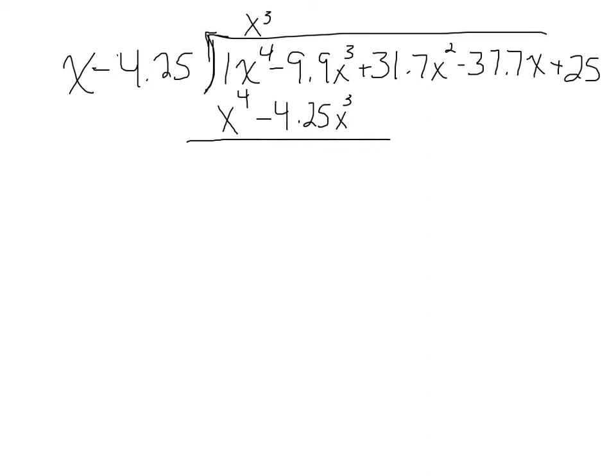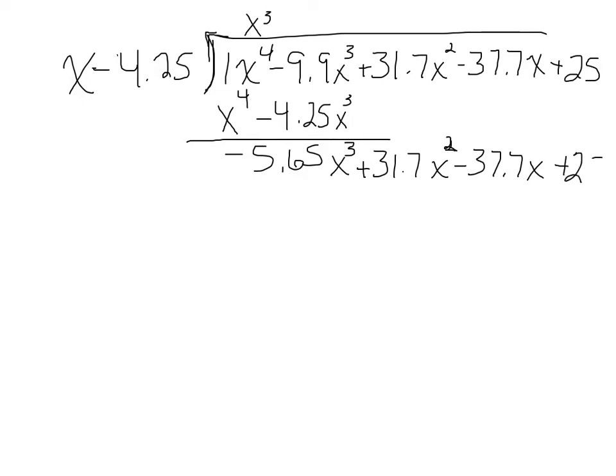Negative 9.9 minus a negative 4 1/4 is a negative 5.65 x to the 3rd power. Bring everything else down, since they're being subtracted by 0. 31.7 minus 0. Negative 37.7 minus 0. 25 minus 0.